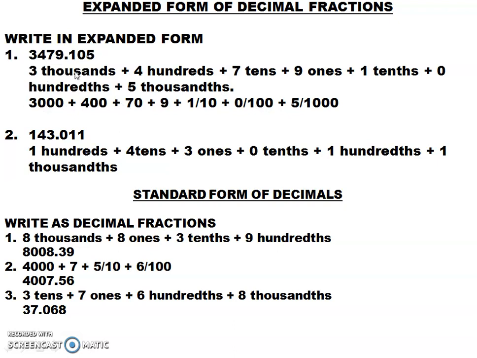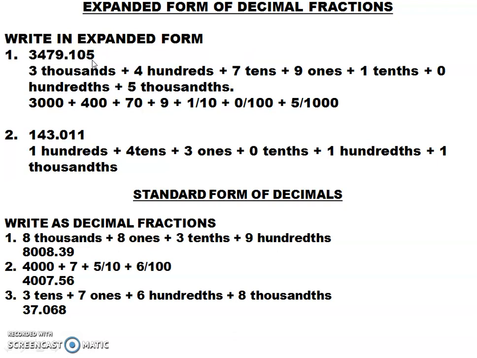Now, 3 thousands plus 4 hundreds plus 7 tens plus 9 ones plus 1 tenth. Students, take care of the spelling here. It is 1 tenth. That is, 1 is after the decimal point. 0 hundredth plus 5 thousandths.